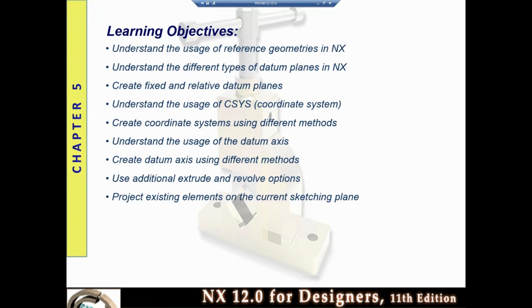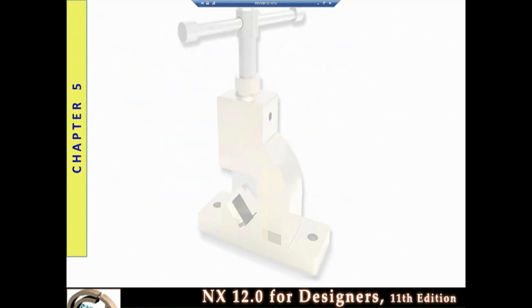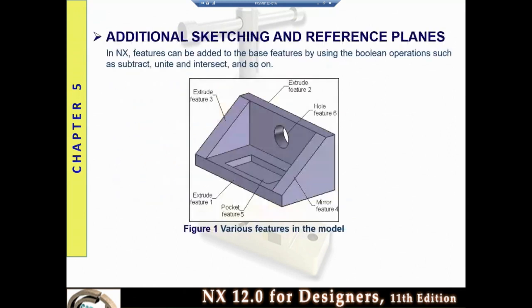Great. So each part consists of different features, and I think by now you would be able to say what kind of features it has. Technically, for instance, this one is a normal sketch that has been extruded. This one is another one that has been extruded.